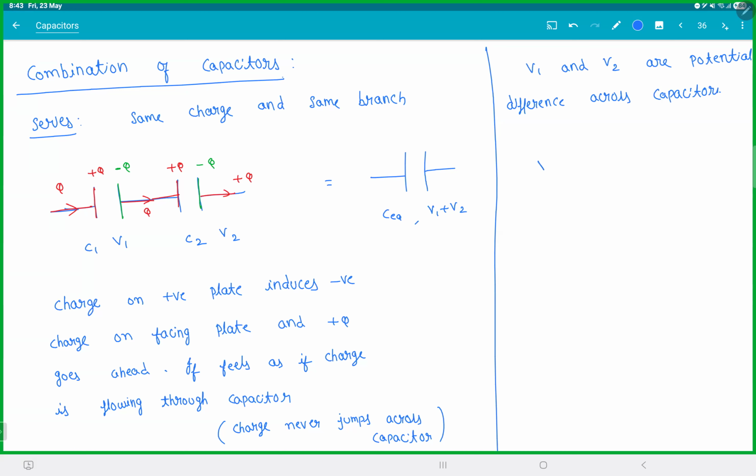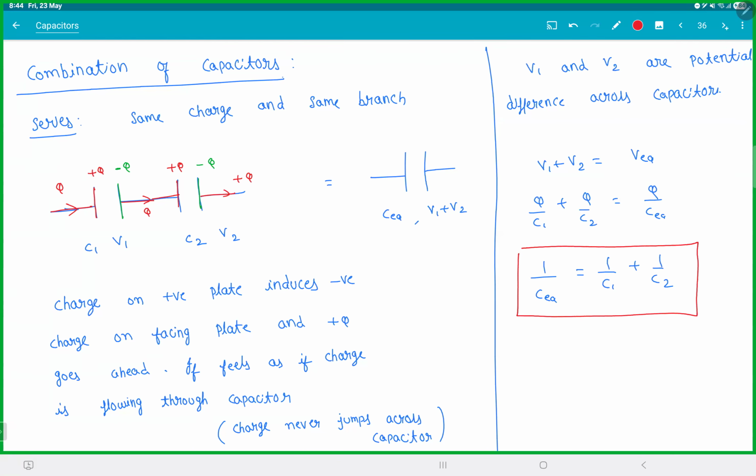So we get from here V1 plus V2 will be V equivalent. We know Q is equal to CV, so this is Q by C1 plus Q by C2 is Q by C equivalent. There. The formula is reverse of resistors, everyone. Capacitors in series will have a formula reverse, like resistors in parallel. So 1 by C equivalent is 1 by C1 plus 1 by C2.